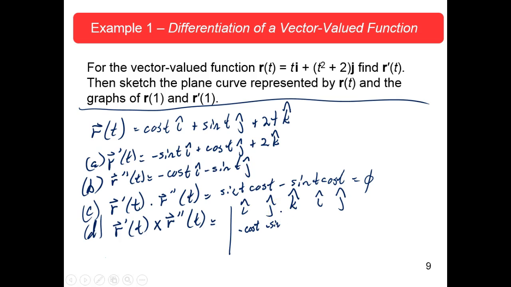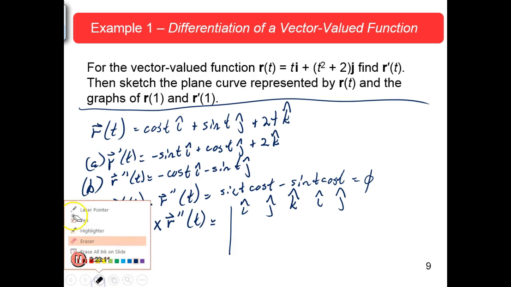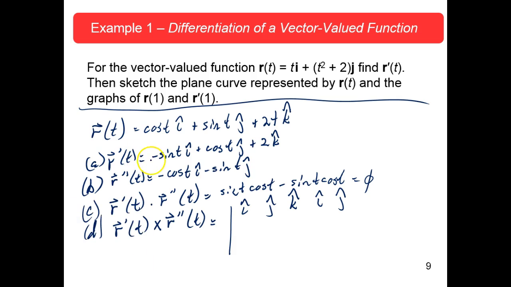No, wait. Whoops. I looked at the wrong line. Sorry. The r prime is minus sine t, plus cosine t, 2. Right?